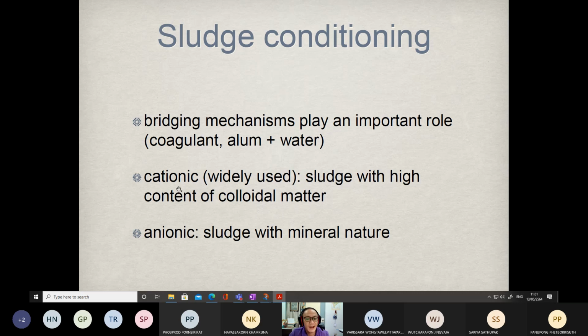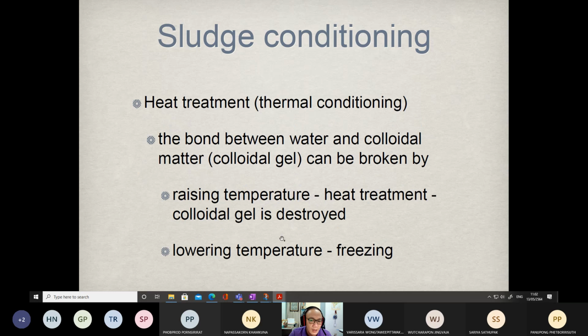We can use cationic polyelectrolyte when the sludge has a high content of colloidal matter, but if the sludge contains some mineral content in nature, we may have to apply anionic polyelectrolyte.